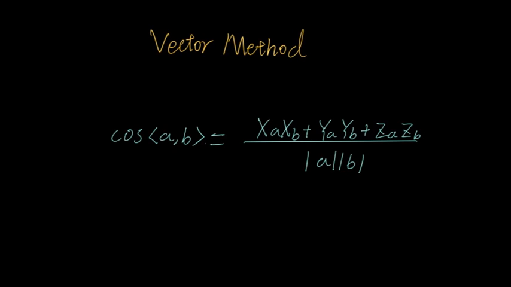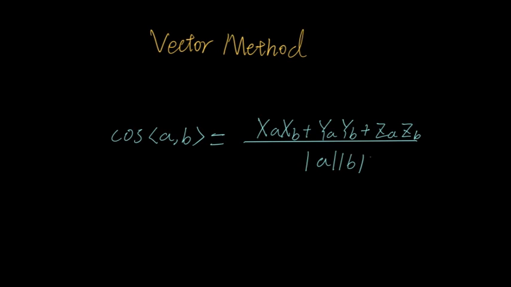So I'm not sure if you have heard of this, but if you have, you must have seen this formula. The angle between two line segments A and B is equal to the sum of the product of each element of their vector coordinates. Well, that's a lot of offs.